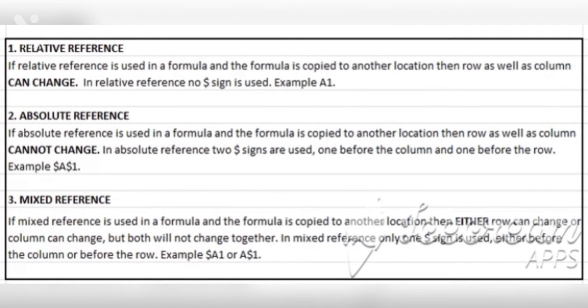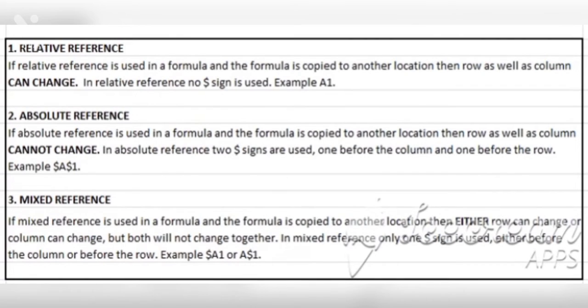What does it mean? Firstly, relative reference. If a relative reference is used in a formula and the formula is copied to another location, then the row as well as the column can change.